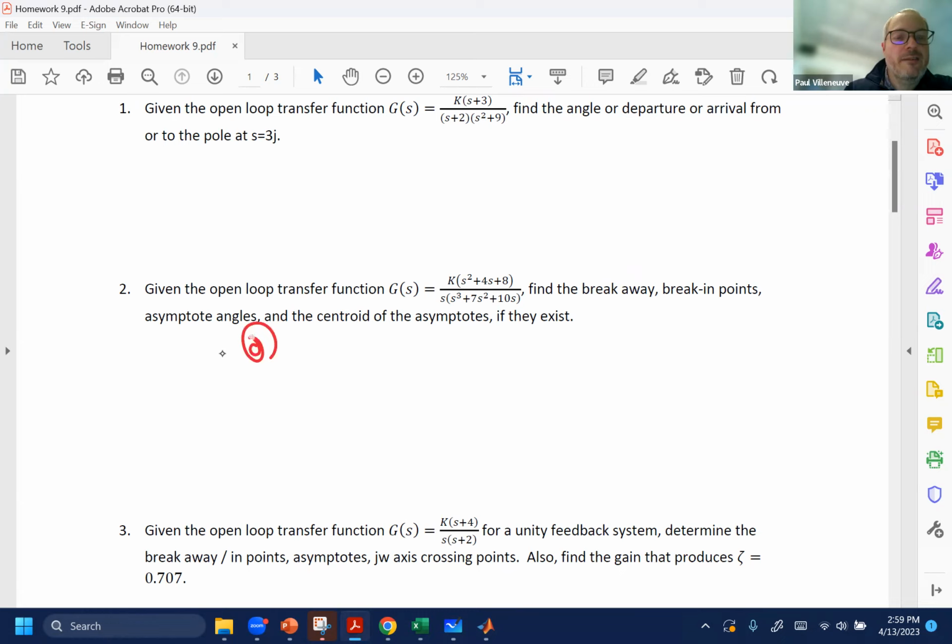Yeah, I'm sorry. I got the centroid of the asymptotes, but the only part that I was stuck on was just finding the partial derivative part.